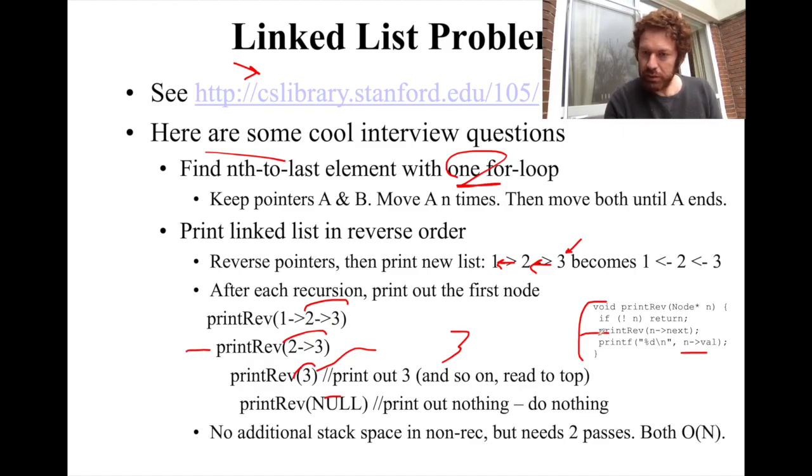So I paid my debt by the previous recursions about 3 and null. So 2, 3, I will print the first element of it, which is 2. Then done. Then come back to this recursive call. The recursive part is over. Go to the other remaining part, which will print the first element of this 1, 2, 3 linked list. So it will print 1. So 3, 2, 1 is printed.